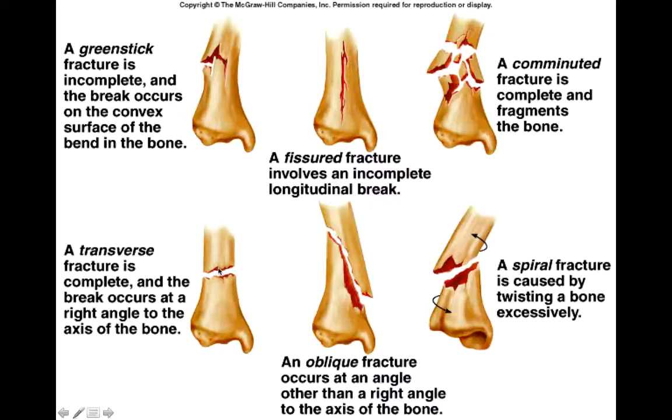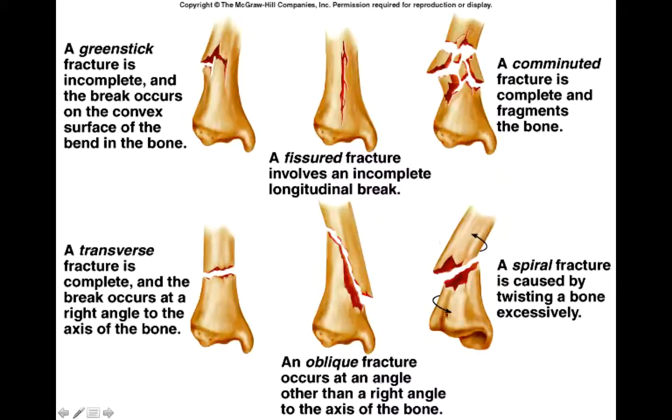Transverse fractures are at a right angle to the bone. Oblique fractures occur at an angle that's not a right angle, and it's not fissured. So these happen at an angle. And a spiral fracture happens because of twisting.